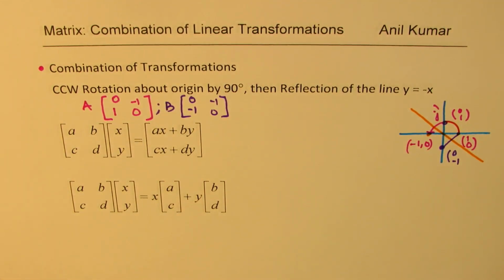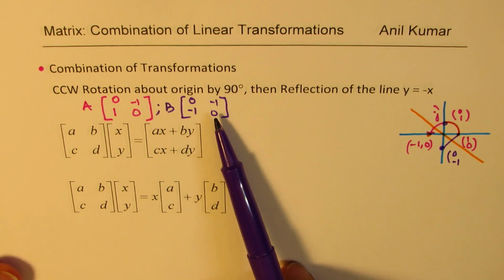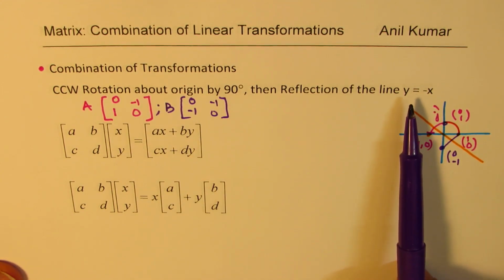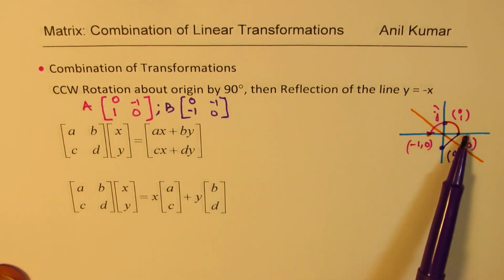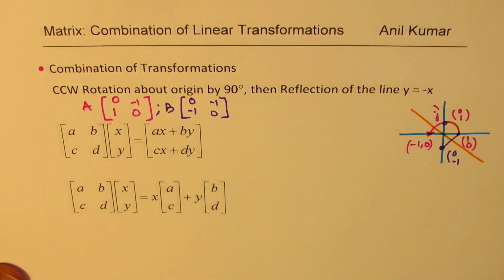So these are the two transformations which we have just learned. This is for counterclockwise rotation by 90 degrees, and this one is reflection on the line. Correct? Now what we want to do, we first want to do counterclockwise and then the reflection.